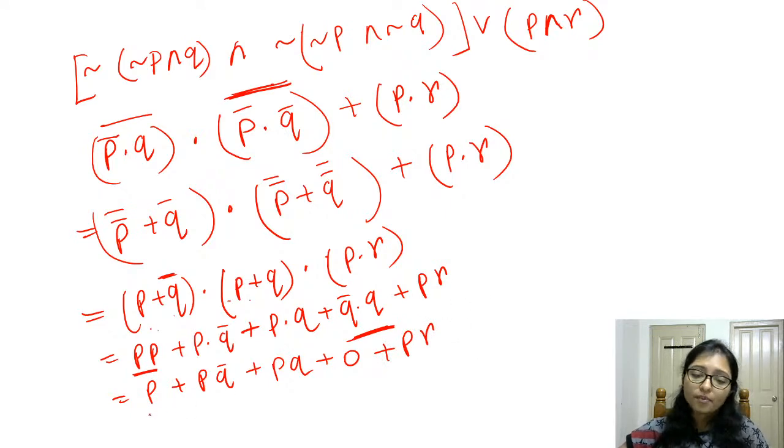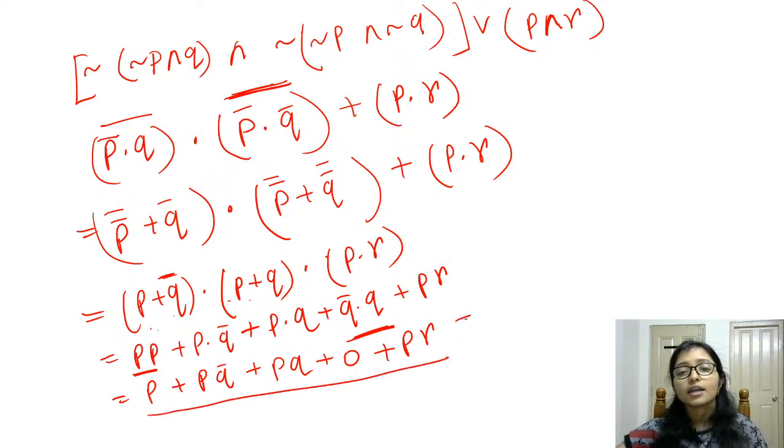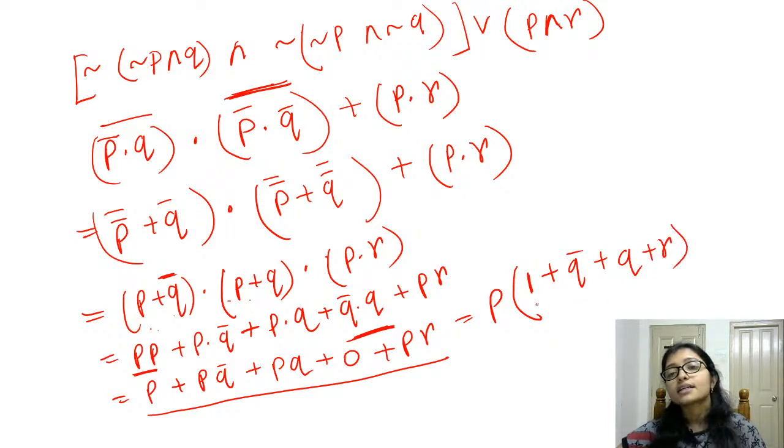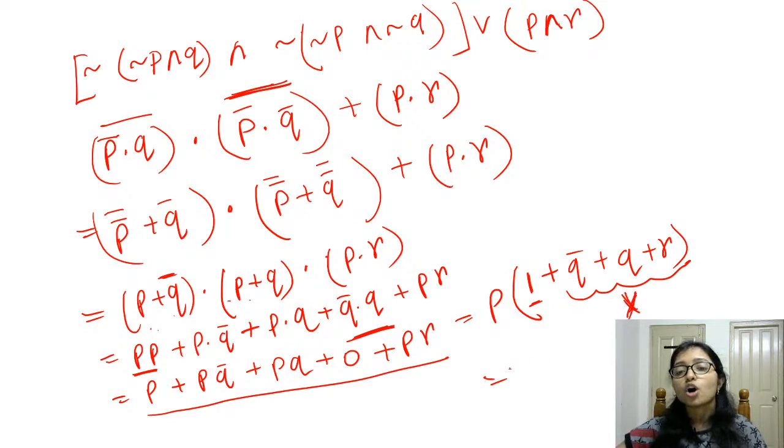Now I can take P common. If I take common P, it will be 1 plus Q bar plus Q plus R, right? Now 1 plus anything is always 1, we have learned just now, right?